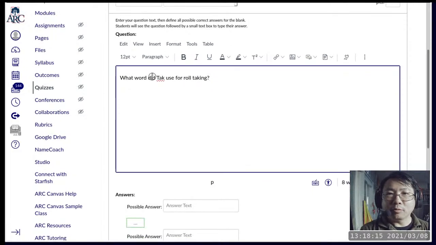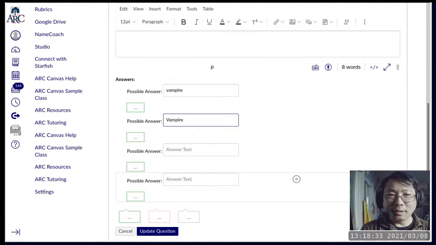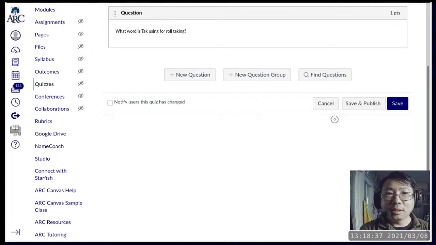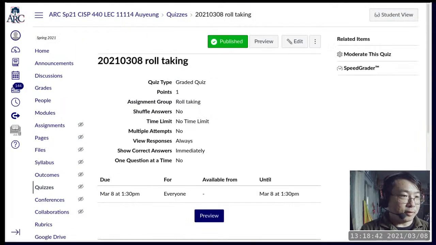I think in terms of grammar, I should change to present continuous tense. There we go. Alright. I think vampire is a good one. So, uppercase or lowercase v is fine. Update question. And then save and publish. There we go. So, vampire.